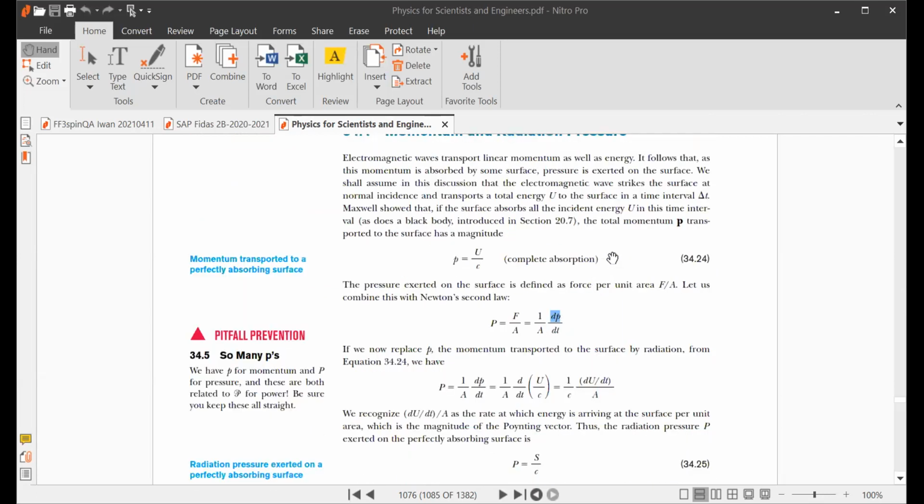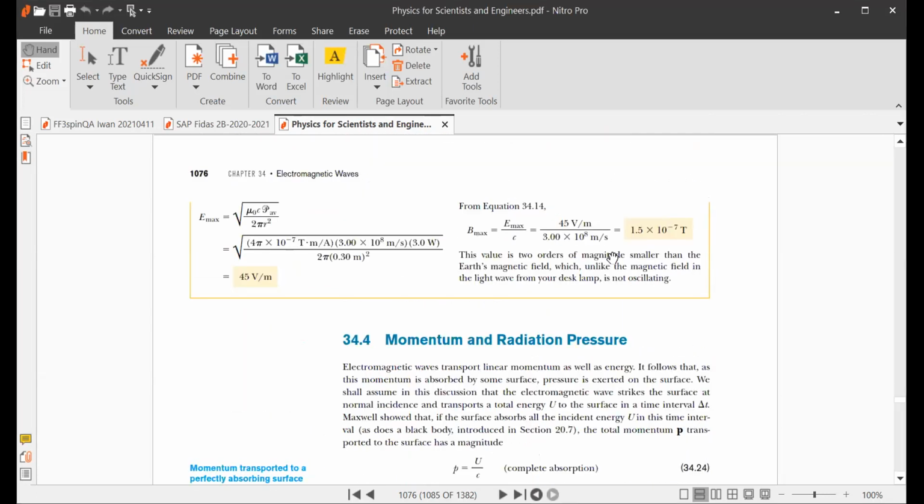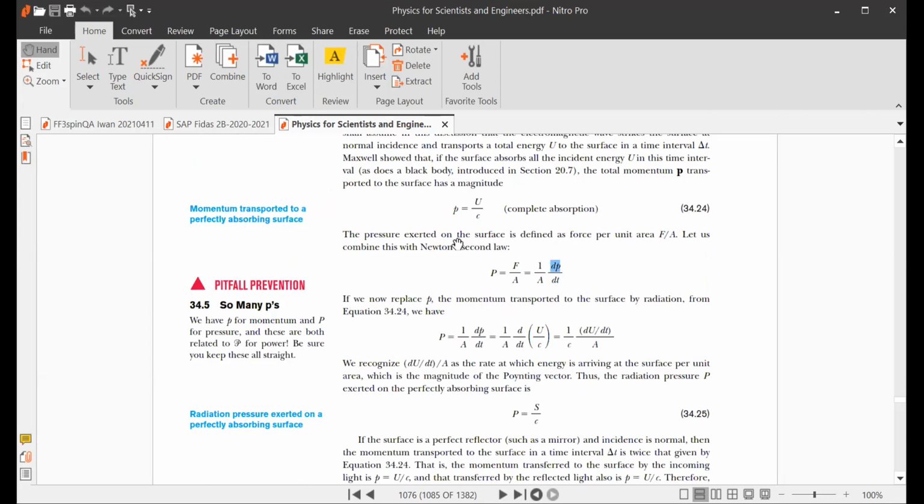So we discuss what we call momentum and radiation pressure. This momentum is defined as P equals U, capital U, over C. And also there is a pressure.